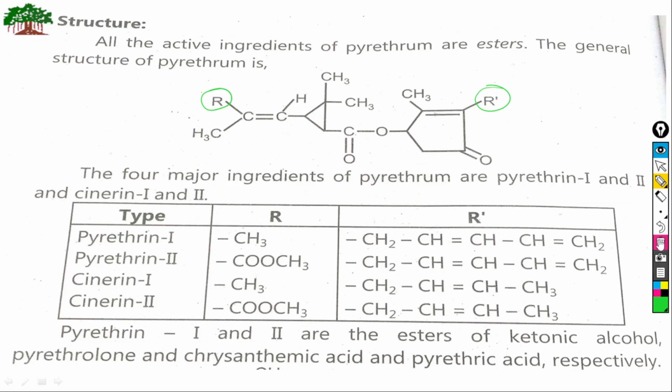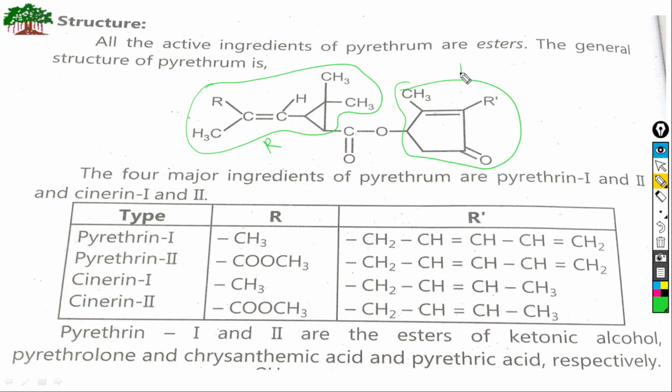So if you see the general structure, suppose this is R, and suppose this one is R dash, then the structure becomes R C double bond O O R dash.